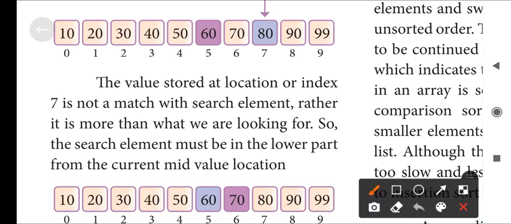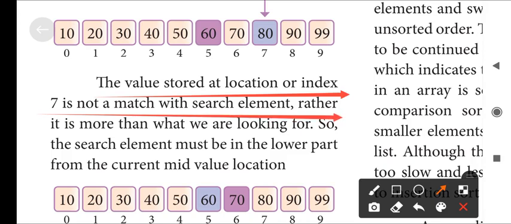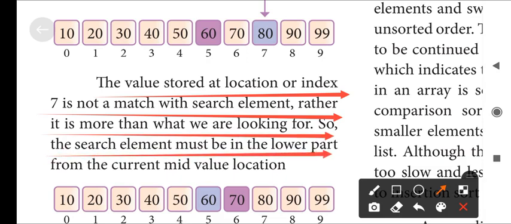The value stored at index 7 is not a match with the search element. Rather, it is more than what we are looking for. So the search element must be in the lower part from the current mid value location.